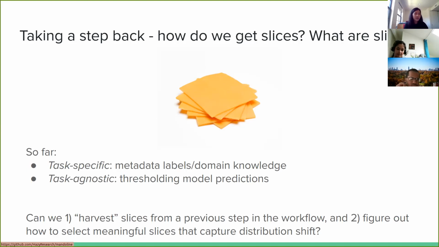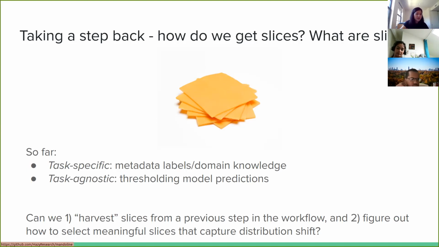And so a potential framework we've been thinking of for this is that maybe we can collect slices from other sources or other components of model evaluation. And then we can prune this collection of slices down to just those that are relevant and shifting to plug them into Mandoline.